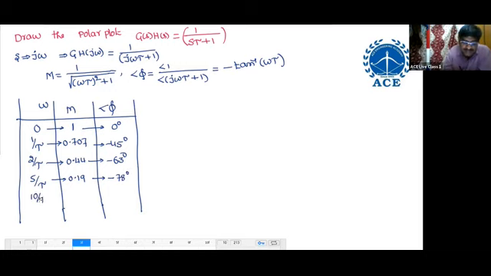Omega 10 by tau. So what is the drawback with the standard procedure? You have to calculate. Calculator is essential. Otherwise, it is not possible. If we go for IES objective, calculator not allowed, then how can you draw it? That is the problem.